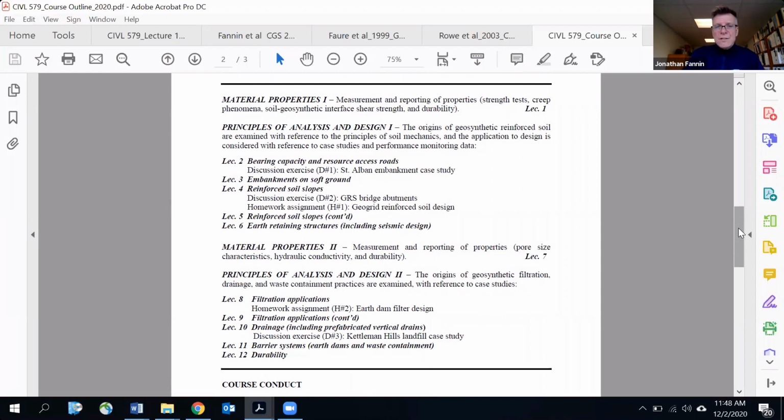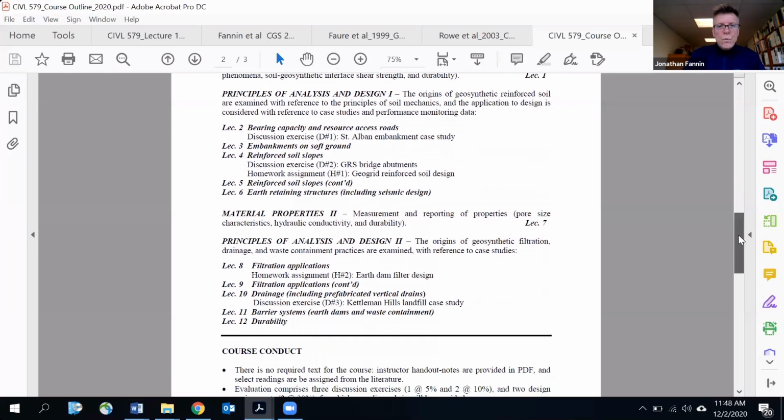And then the second half is one of hydraulics, drainage, filters, applications. The durability is spoken to in both of them. And so we run in now to the last part of the deliverable.